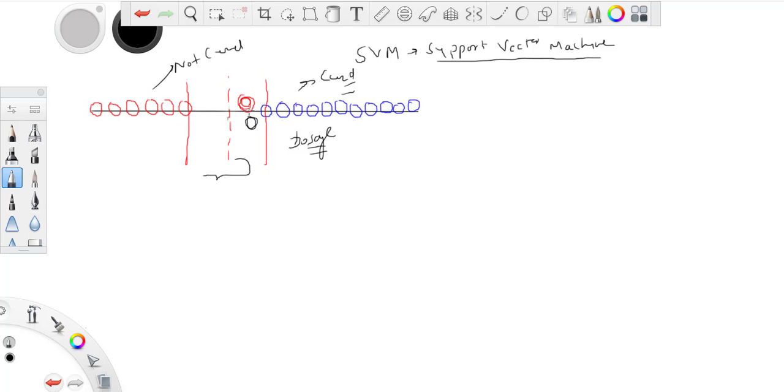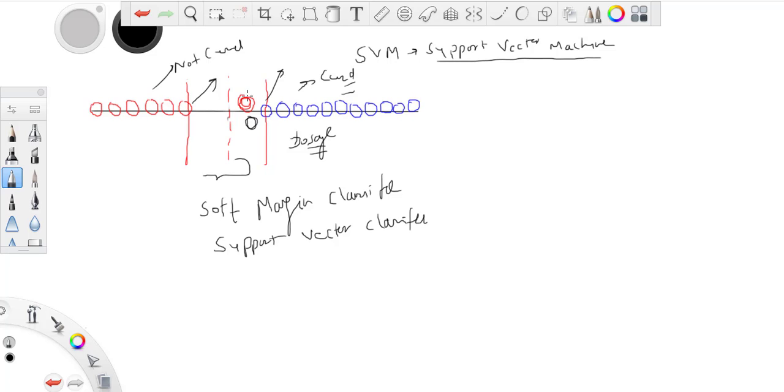So when we allow misclassification to happen, this is known as a soft margin classifier, or support vector classifier. These points which allow me to define a boundary, plus whatever comes inside, are known as support vectors.